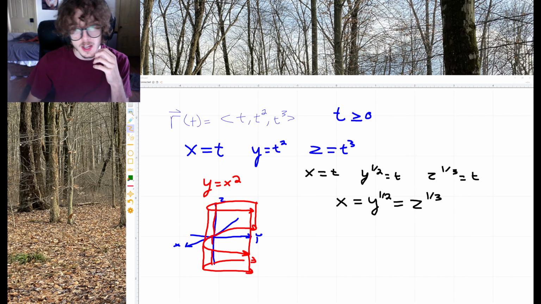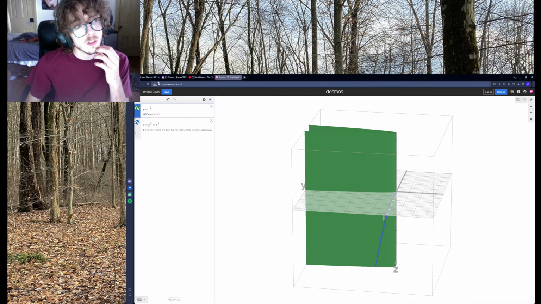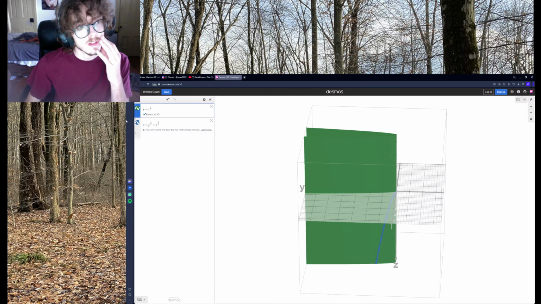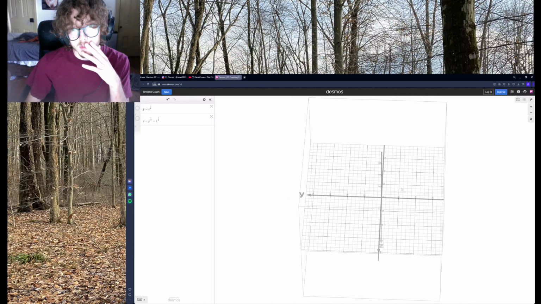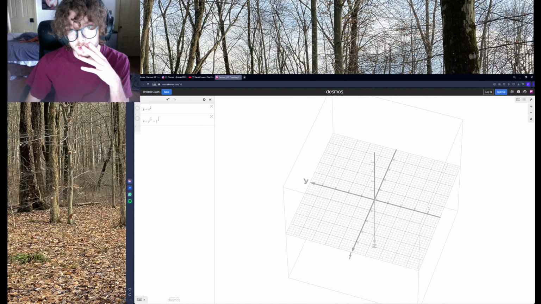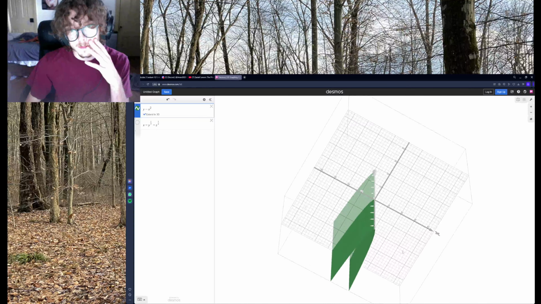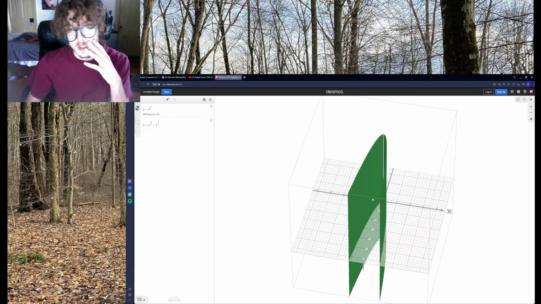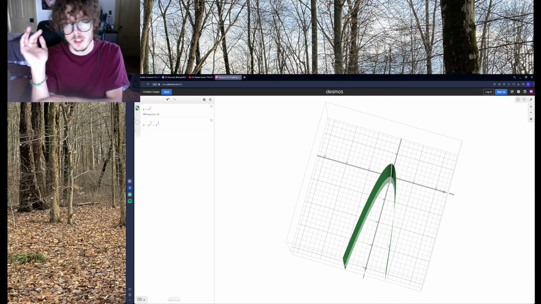To do this, I put it into Desmos. Beautiful Desmos. Hopefully you can see what I have here. I'm going to come over a little bit. I have that parabola, pretty straightforward.